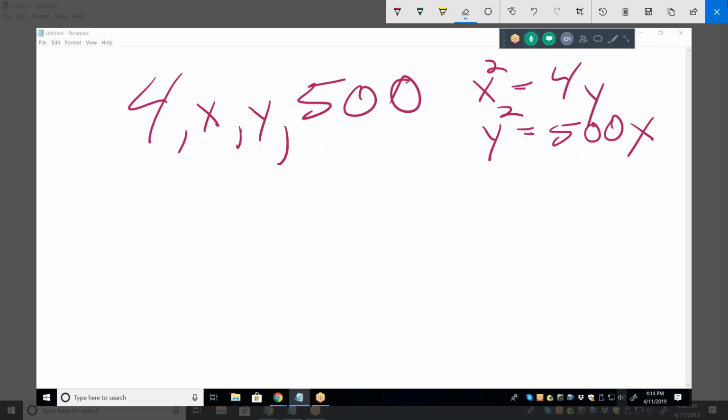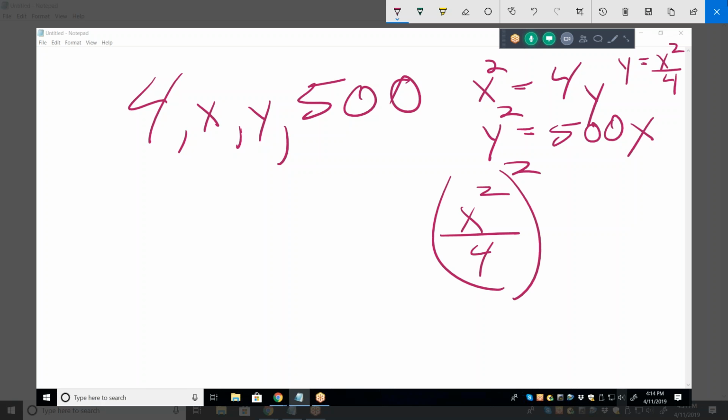Let's see. If I solve for y from the first equation, I get y equals x squared over 4. And now if I substitute that into the second equation, I get x squared over 4 squared equals 500x. That has a solution.